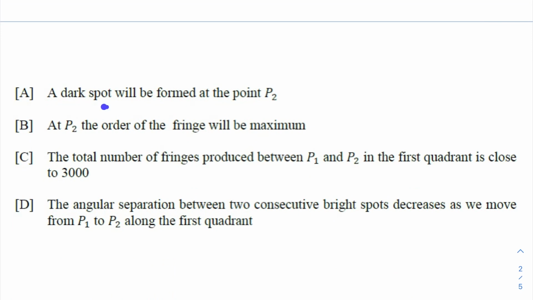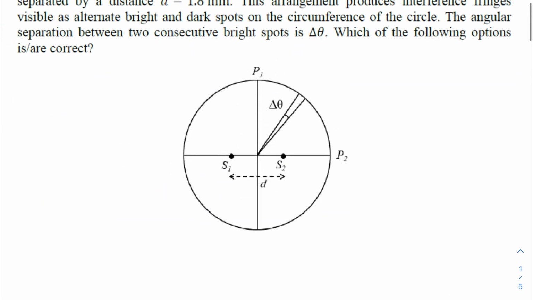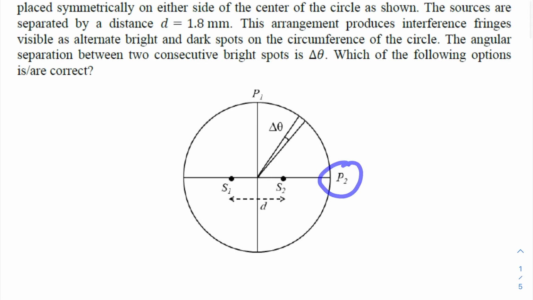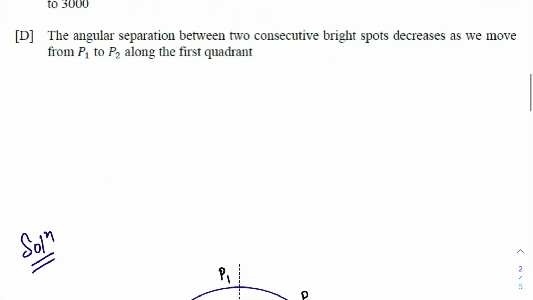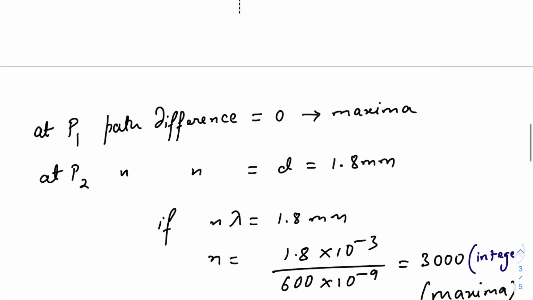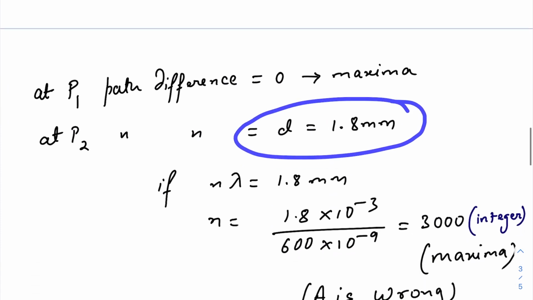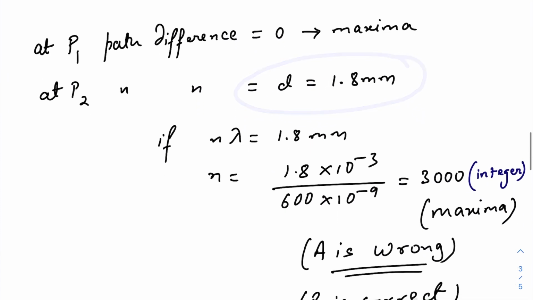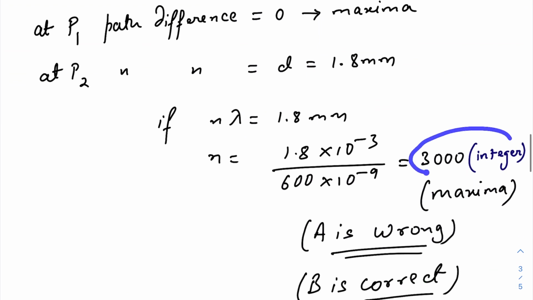A dark spot will be formed at point P2. Where is P2? For that we need to check the path difference first. At P2, the path difference, that is the difference between the rays traveled from S1 and S2, is nothing but d. So path difference is d equals 1.8 millimeters, which is fortunately an integral multiple of the wavelength of the light emitted by those two sources.